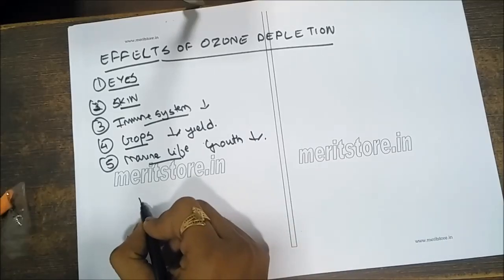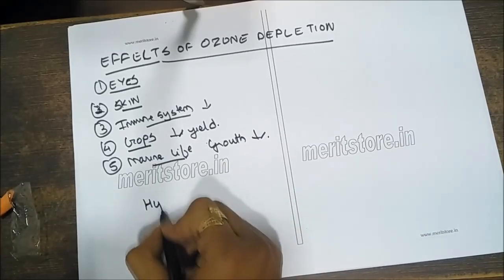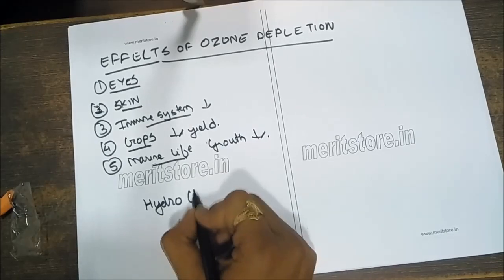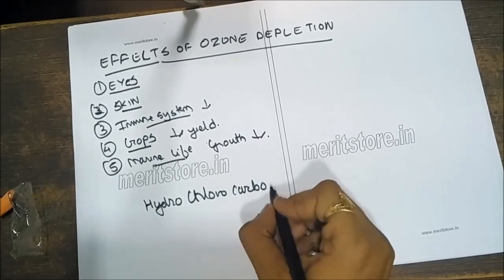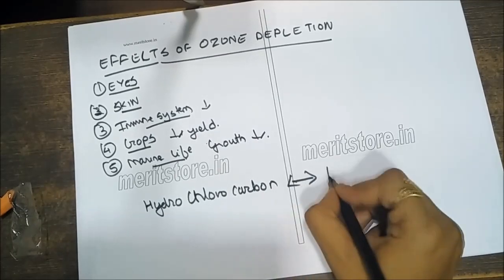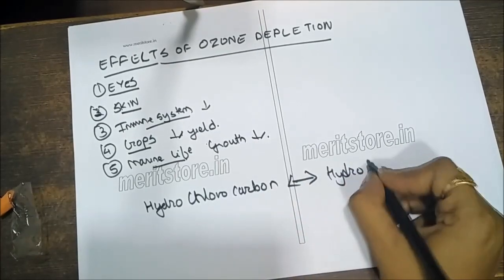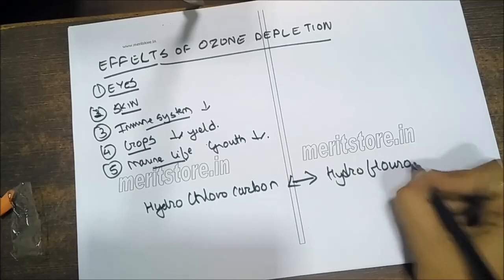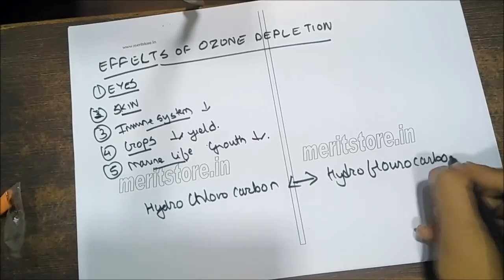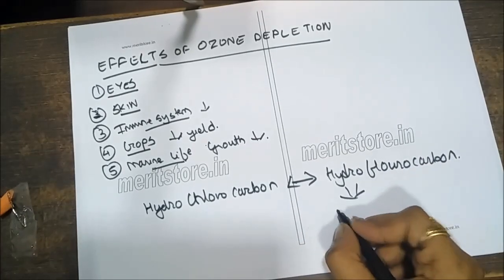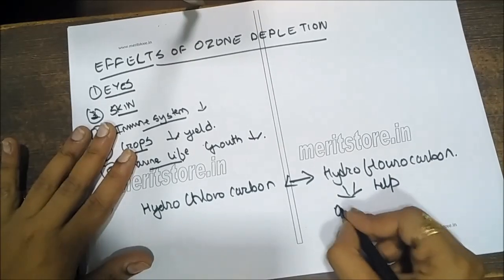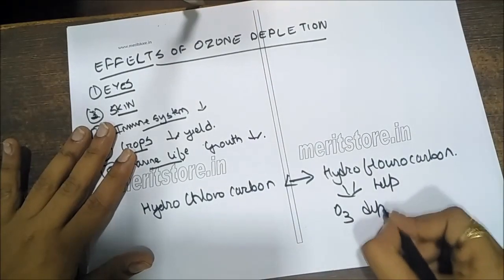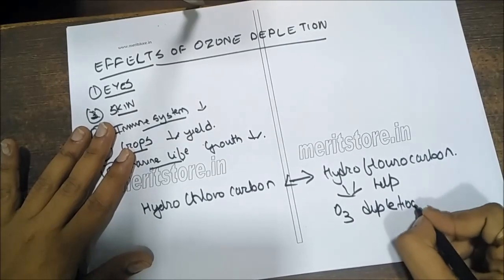So instead of hydrochlorocarbon, usage of hydrofluorocarbon. Okay, so this can help reduce ozone depletion.